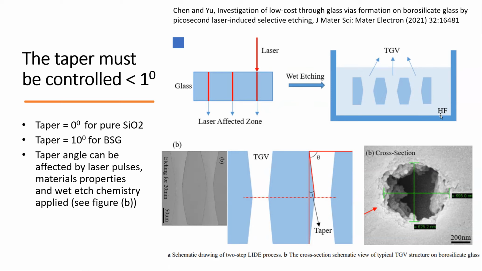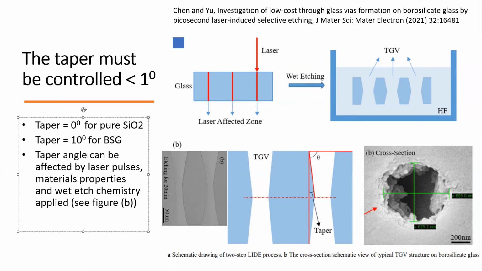We know HF can eat up glass, right? But if you tune your chemistry properly, it will only eat up the part that has been damaged by lasers or plasma, per se. And the paper says that it's very easy to get a taper of 0 degrees, exactly parallel or vertical to this plane, with pure glass.